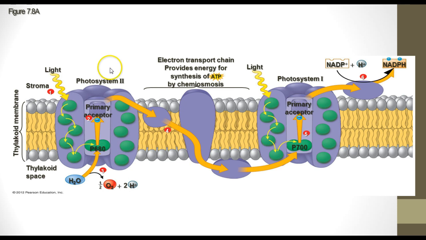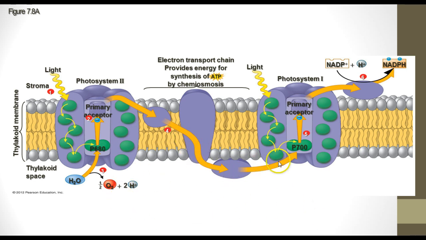Out here is the stroma. These electrons are going to be passed through a system of proteins in the membrane. These electron transport molecules are going to provide the energy to pump protons from the stroma into the thylakoid space. So we're going to have an accumulation of hydrogen ions in this thylakoid space.